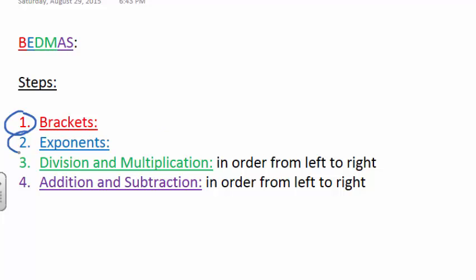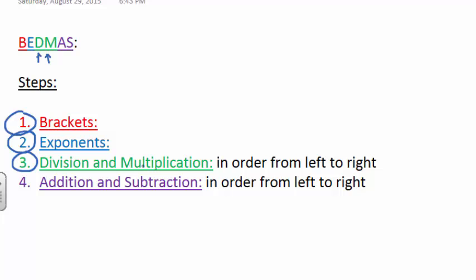Next is the exponent, as you can see in blue with E. So bracket, exponent. Number 3, as you can see, has 2 letters, D and M: 1 for division, 1 for multiplication. Someone will ask me which one is stronger, division or multiplication.